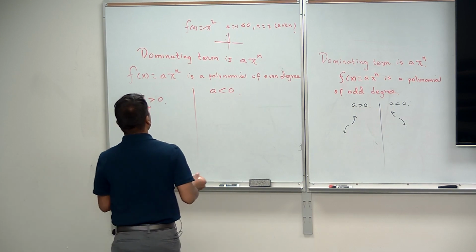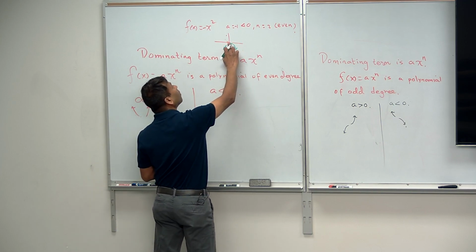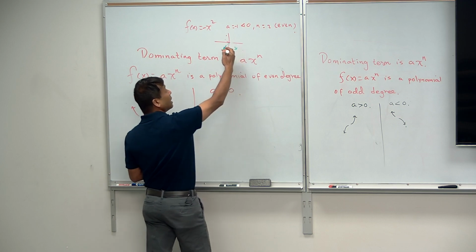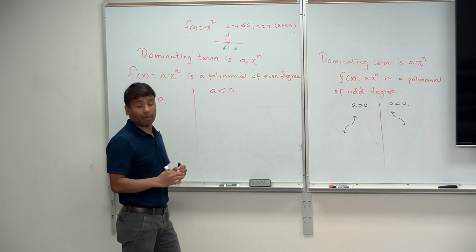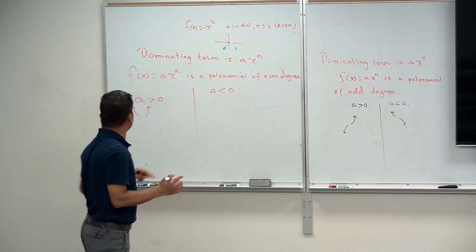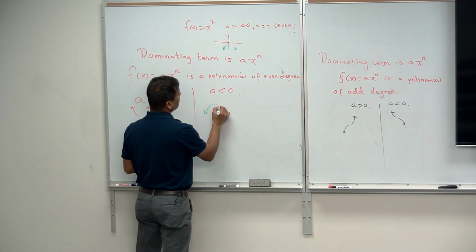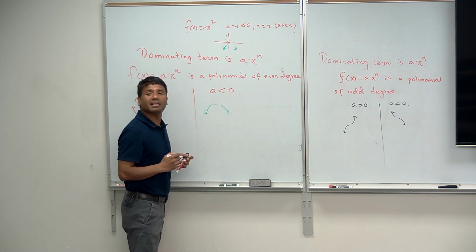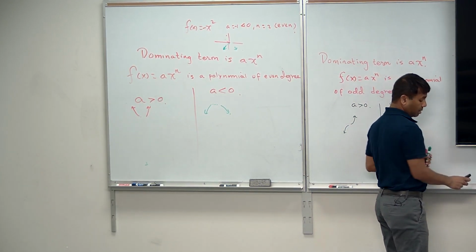So now you see the graph looks like this. And now the end behavior, what does the end behavior look like? Falls to the left as well as what? Falls to the right, because you have an open downward parabola. Right? So now your end behavior will be this. That makes sense?